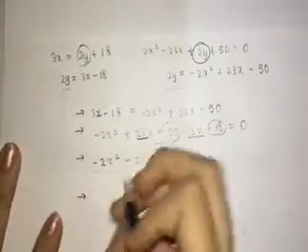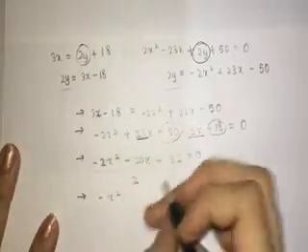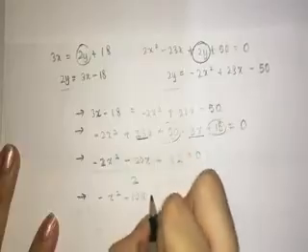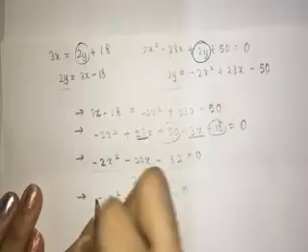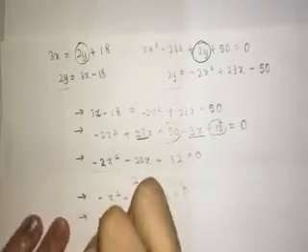So we simplify it, which gives us minus x squared minus 10x minus 16. And since this has a minus, we can bring it over to the other side.